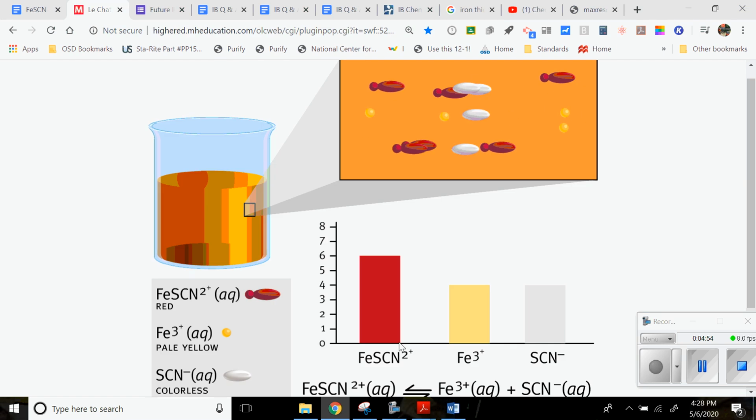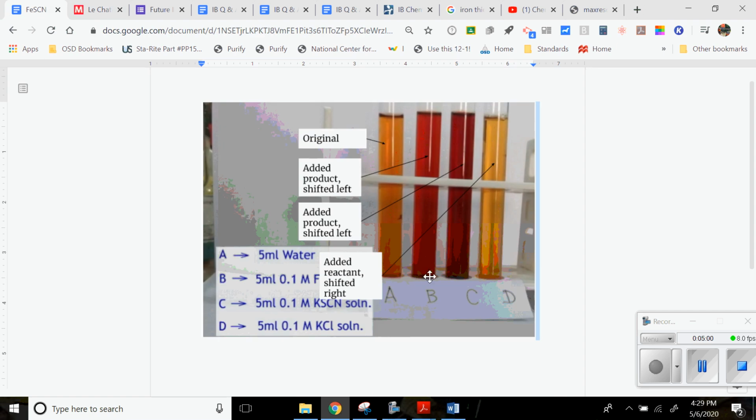And when I say we added product, we added to the right-hand side of this equation. When we added to the right-hand side of the equation, it shifted to the reactant side, or shifted left. Same in test tube C here. We again added product, so equilibrium shifted left again, because I added more to the right side, so the left side had to compensate.